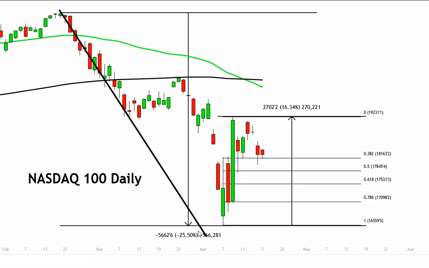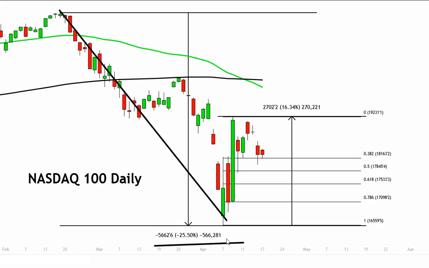Now, after this decline right here, we ended up dropping about 25.5%. From that low, we rebounded back up over 16%, 16.34%. And the pullback, an inside day that's not been confirmed, took us back again to the 50% retracement of this advance.